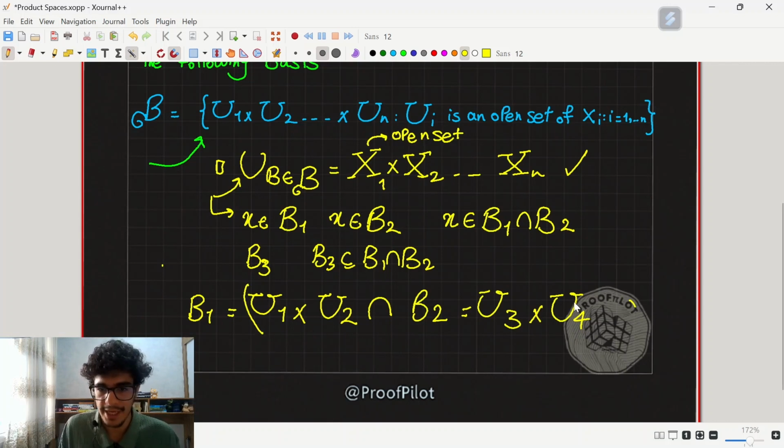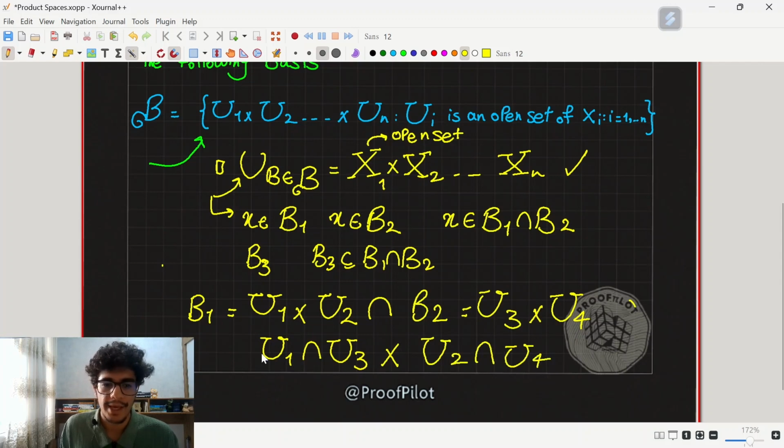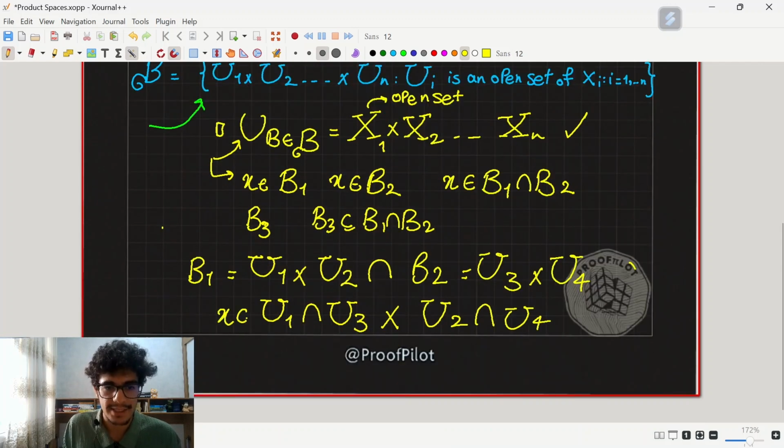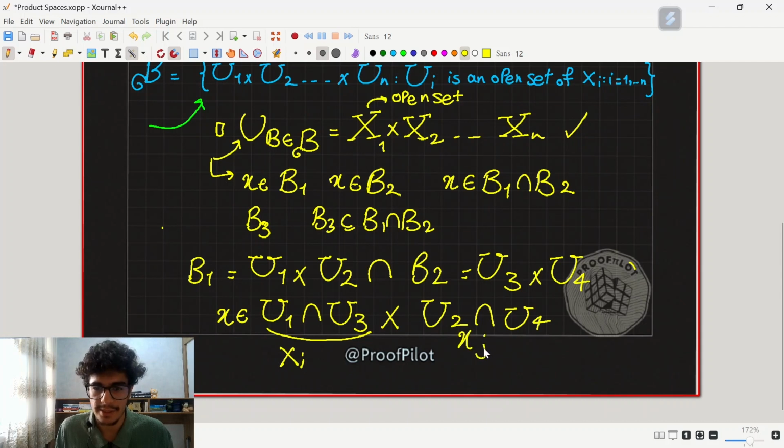Well, we can use the property that this thing is equal to U1 intersected with U3, Cartesian product U2 intersected with U4. And now, since x is a member of these things, we know that this is a topology in Xi, and this is a topology in Xj.